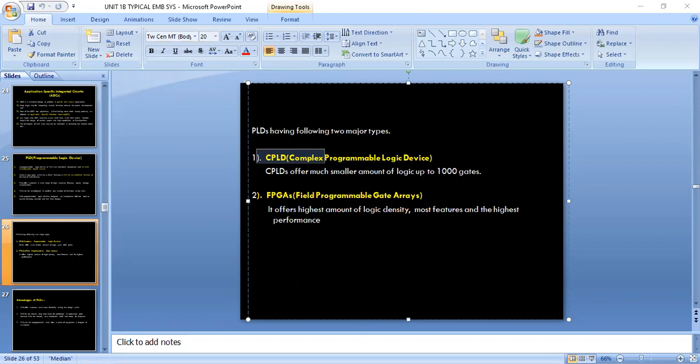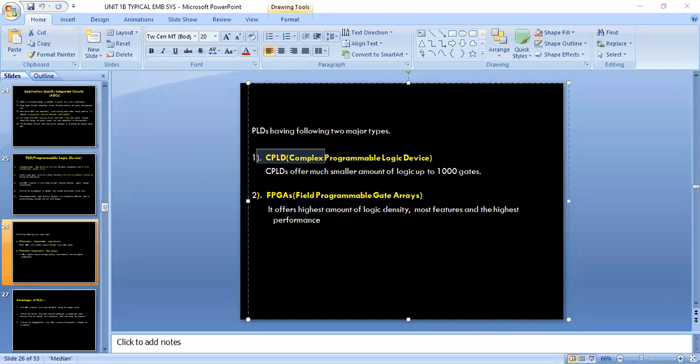That means we can implement bigger logics. See here, this is a CPLD. It consists of many PLDs. We can write bigger logics. I'll show you.